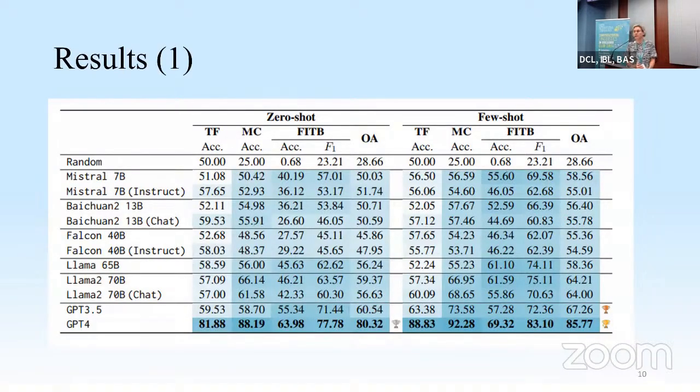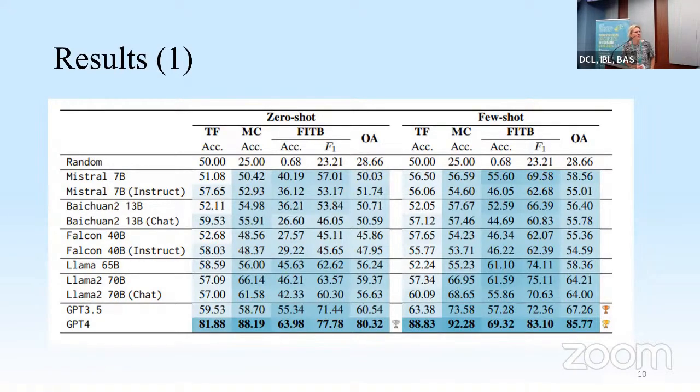So, as we said before, the winner is ChatGPT. And if we go per type, true or false, multiple choice, and fill the gap, what we can see, except the fact that it is the best, is that the second best is GPT-3.5.